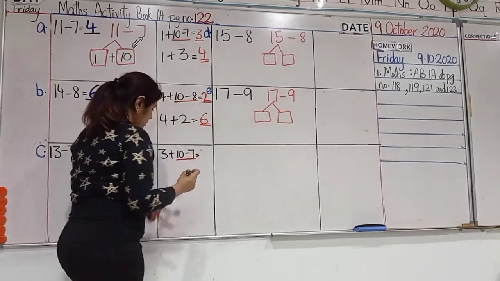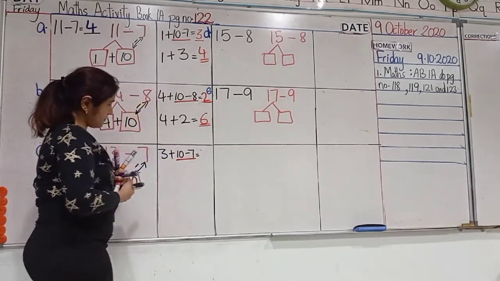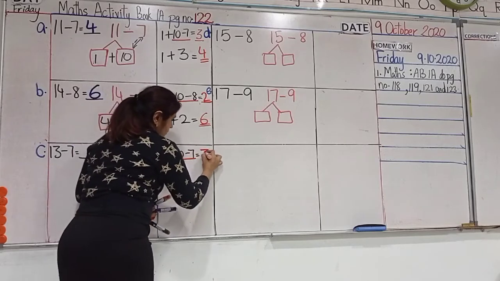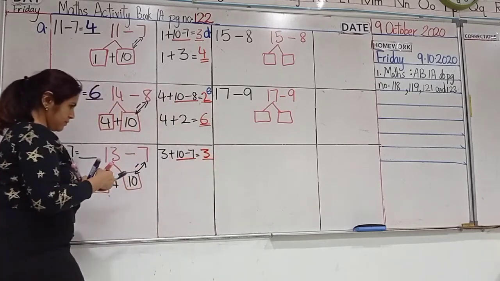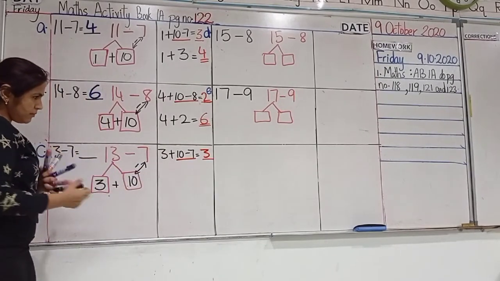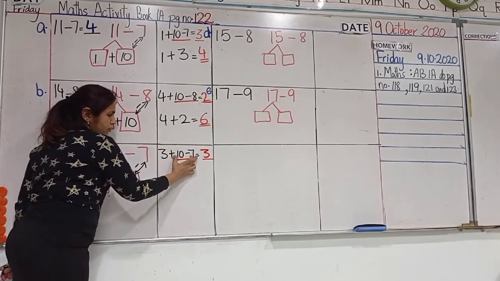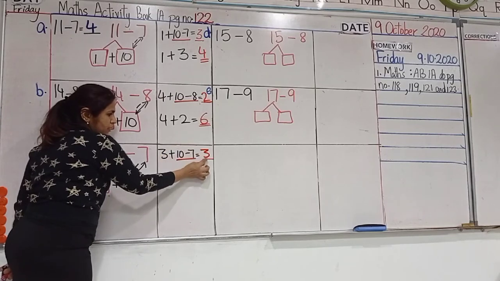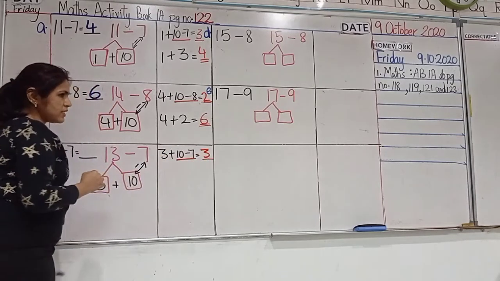Okay. Next, what's the next step? 10, 3. Please focus here. 10 minus 7. You have used these two numbers to get 3.